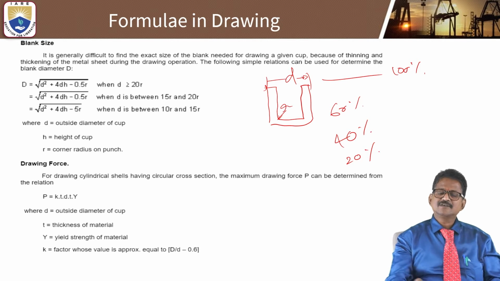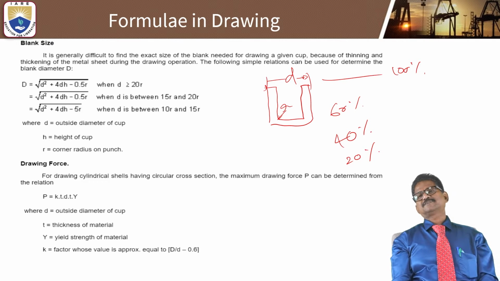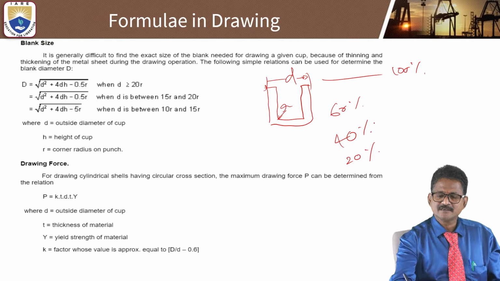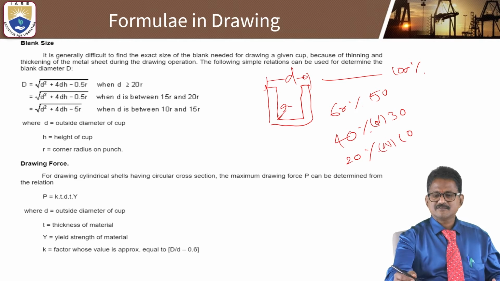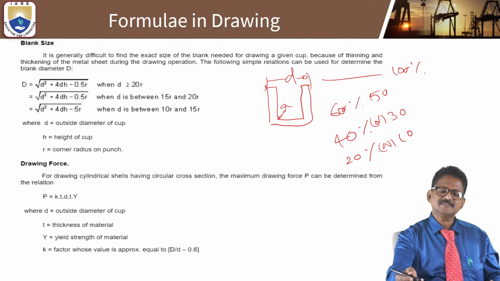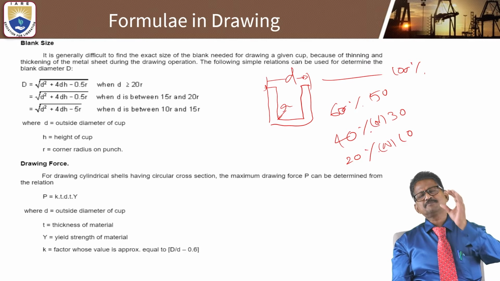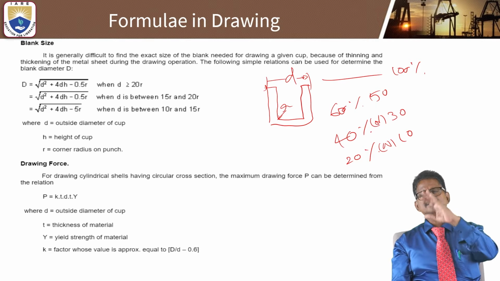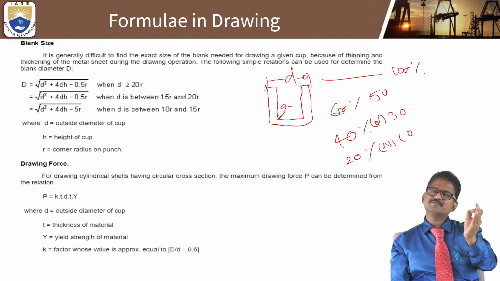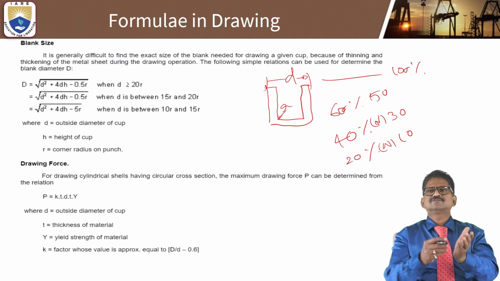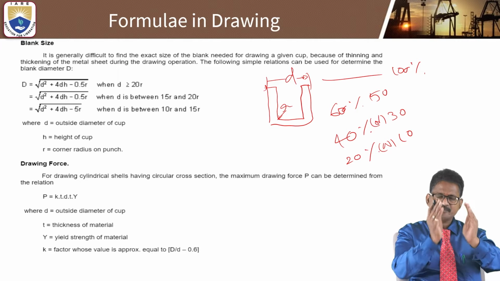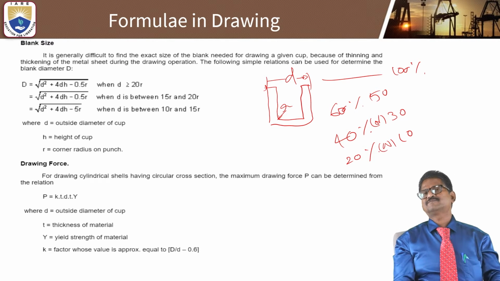Like that, you can obtain 100%. So 40 or 30, 10 or 20, and 50 or 60; in some cases 40 also. At least a minimum of 2 to 3 draws, or 3 to 4 draws, or most probably a minimum of 2 draws is required for any shape. One complete shape cannot maintain the exact form of the cup.